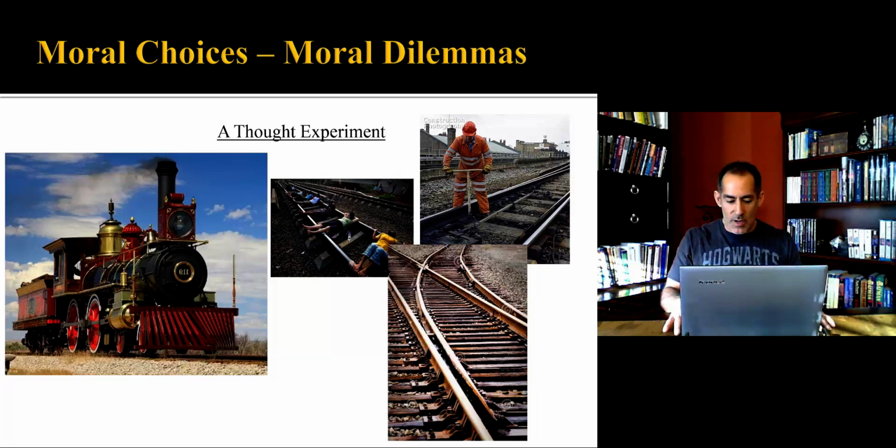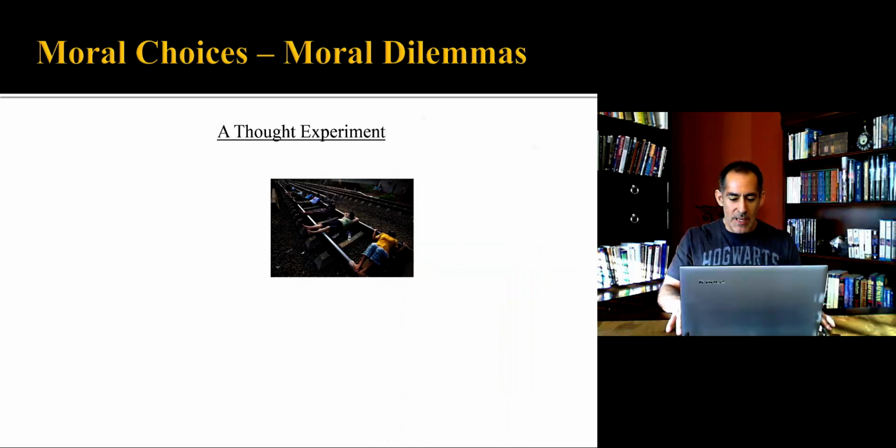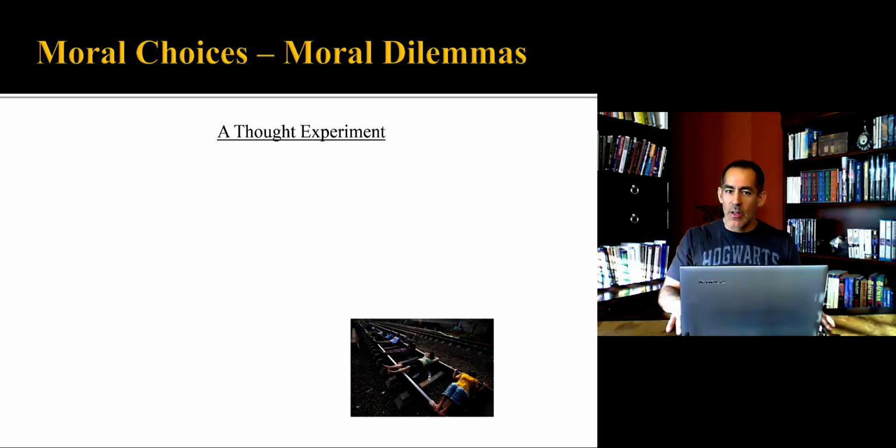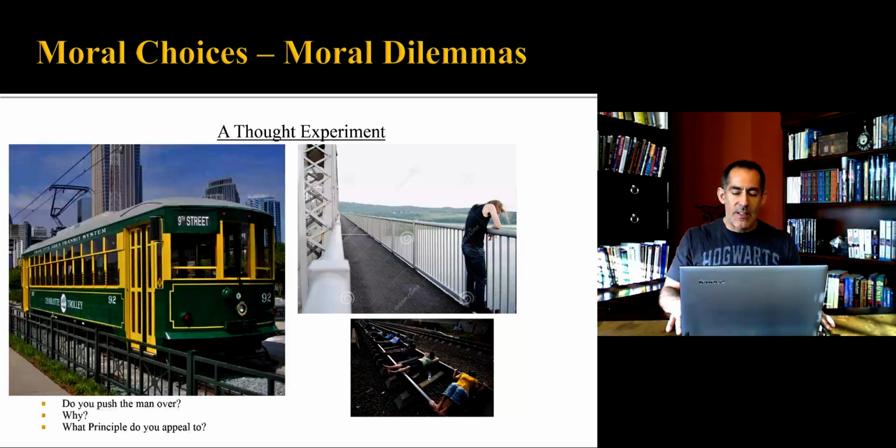Okay, instead of moving with a train, let's go back to a trolley, only for the reason that a trolley might be a little bit easier to stop. So here's the scenario. There's no sidetrack. There is a trolley coming down the road. And somebody, actually the same group of people, are laying in front of the trolley for no good reason whatsoever.